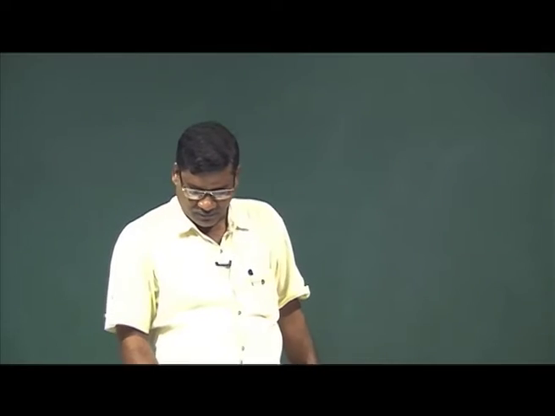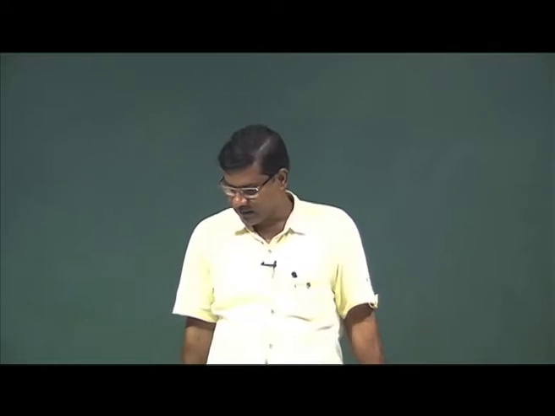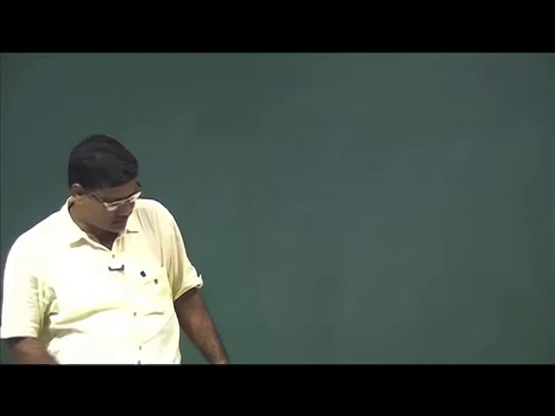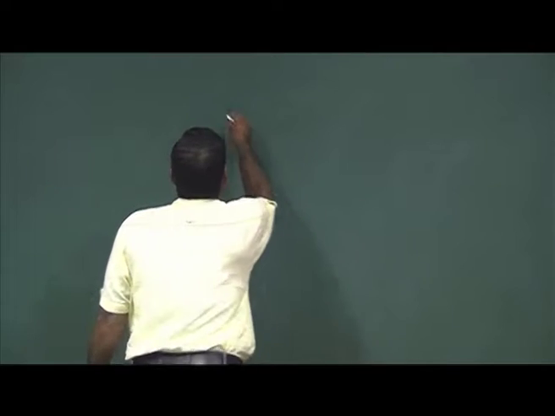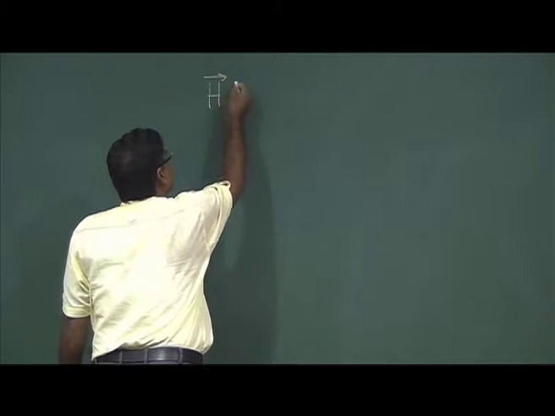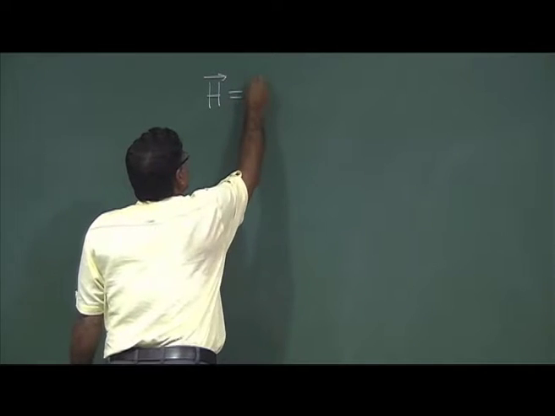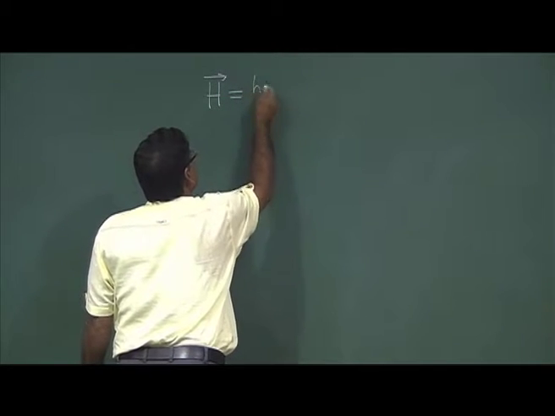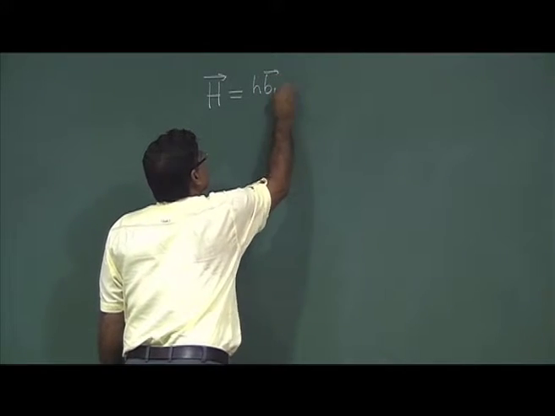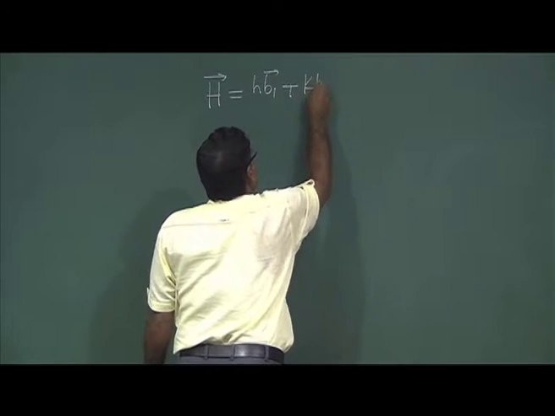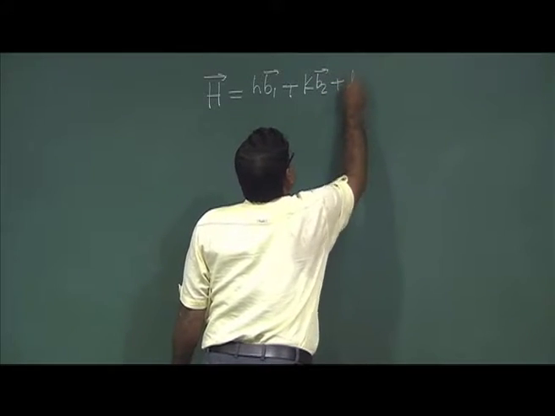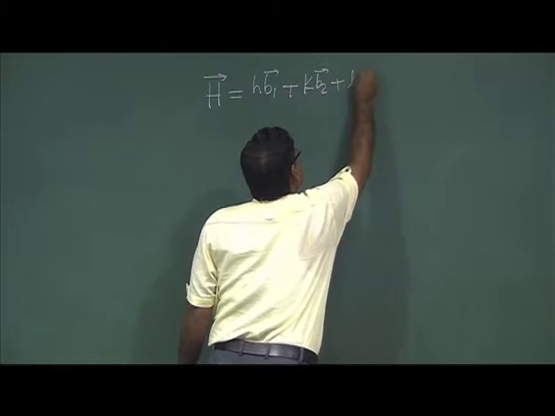So, we are discussing reciprocal lattice and we have formulated this reciprocal vector. This is very important: one can write h b1 plus k b2 plus l b3, right.